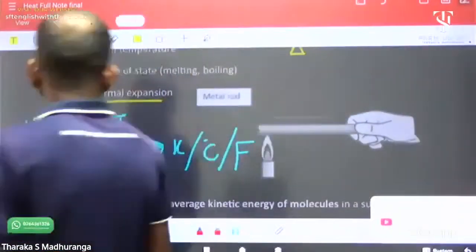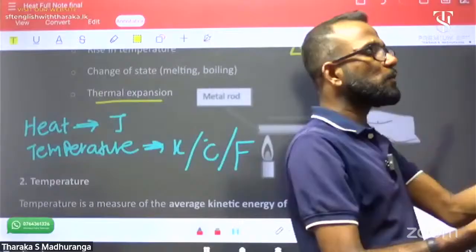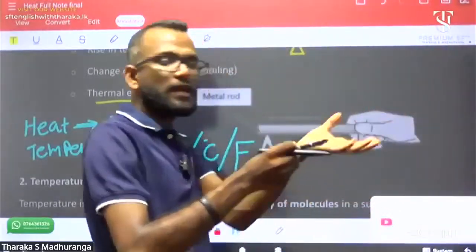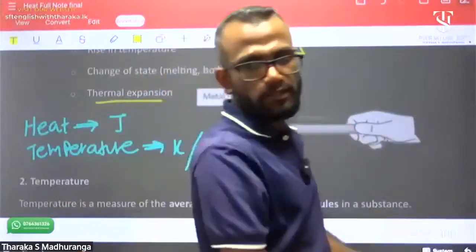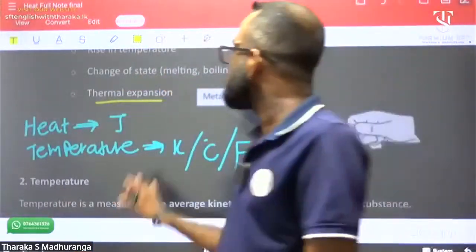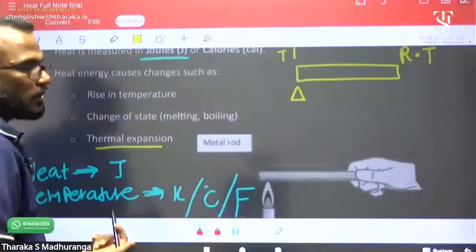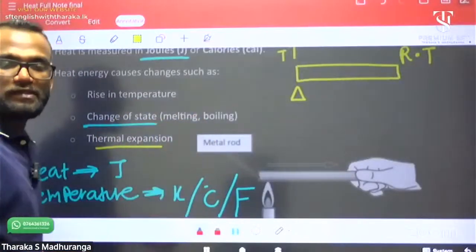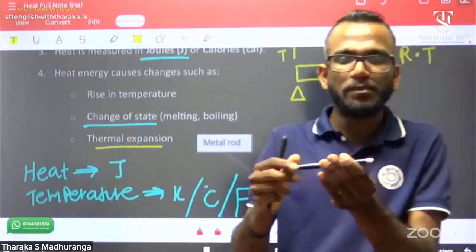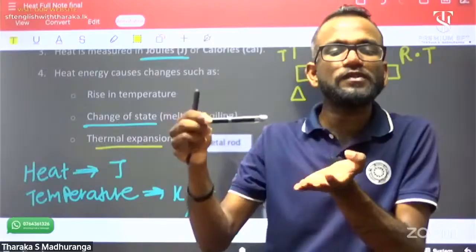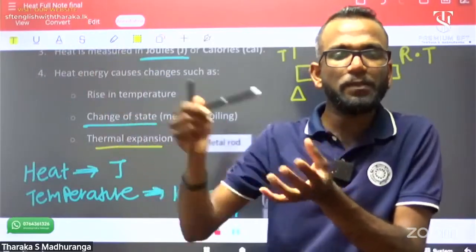Okay. If we heat any substance, what are the possibilities? Increase the temperature, and is it possible to expand? Finally, after expansion, is it possible to change the physical state? If it is continuously heated, what happened?